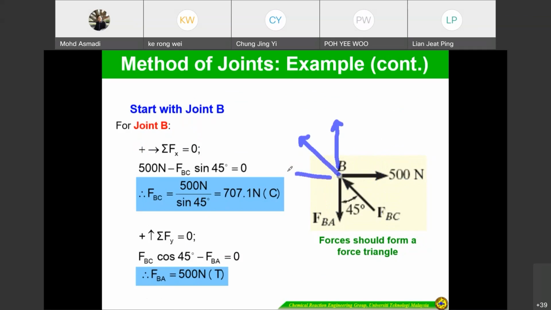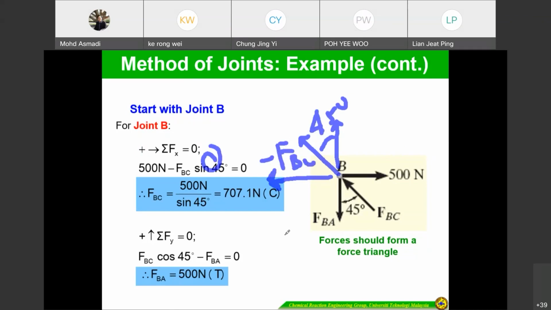Right, FBC. This angle is 45 degrees. So FBC is at 45 because of the degree here. Negative FBC.